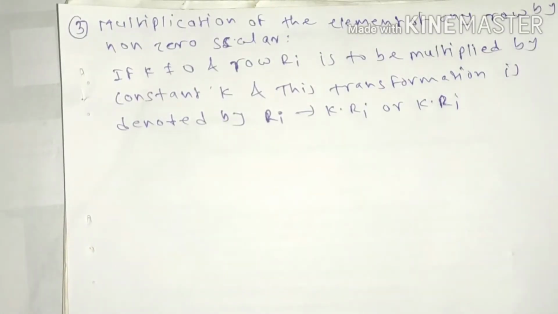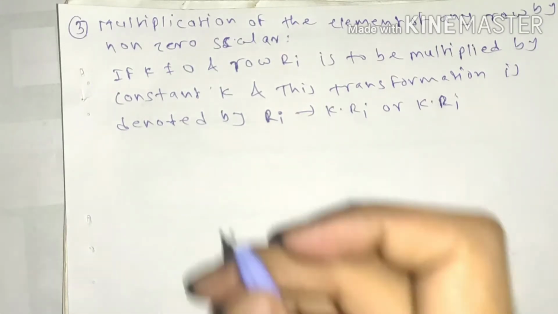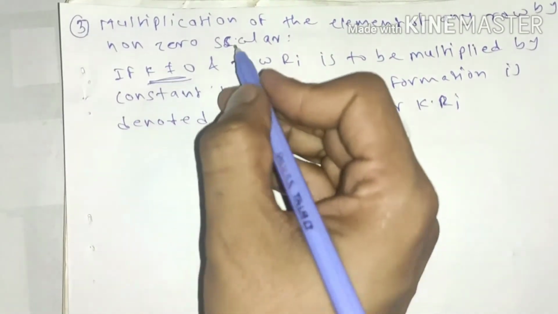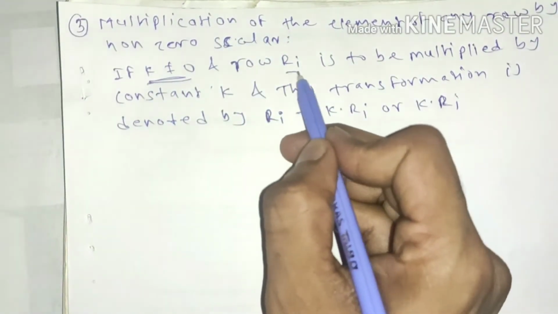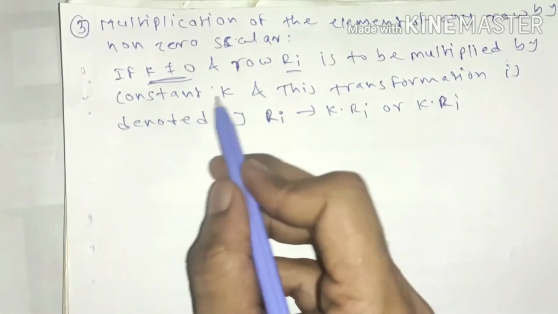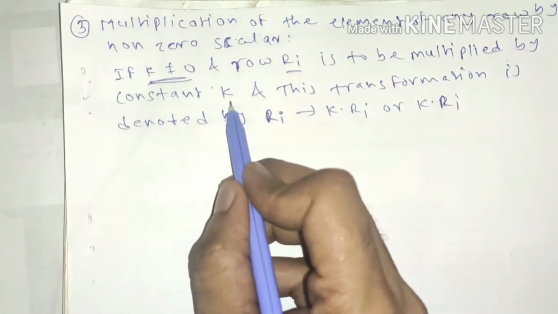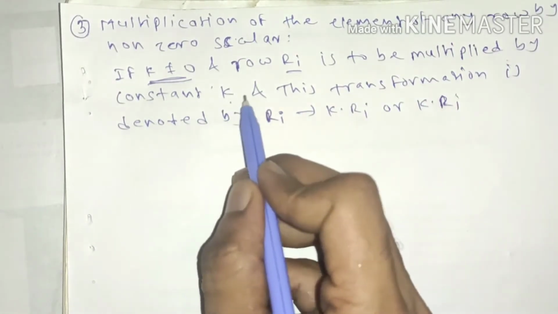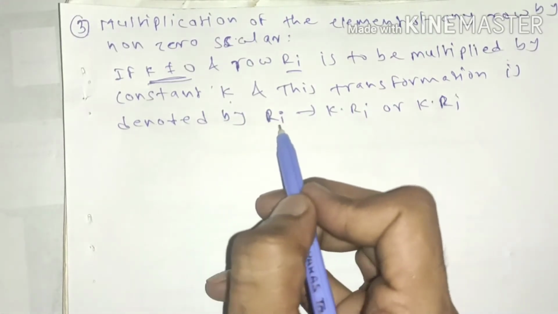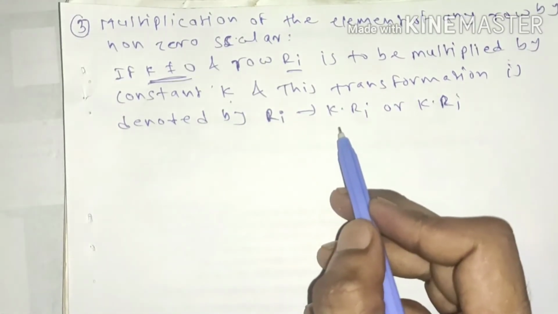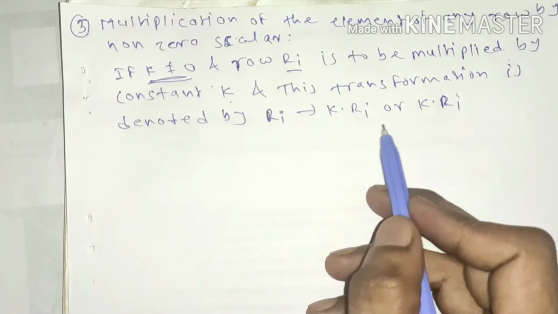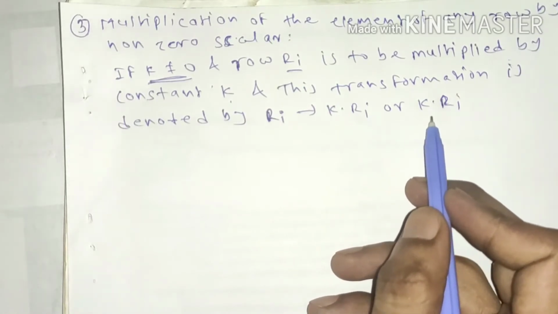Now we will see the next elementary transformation, that is multiplication of the elements of any row by a non-zero scalar. So if k is a non-zero scalar and row Ri is to be multiplied by constant k, this transformation is denoted by Ri changes to k times Ri.